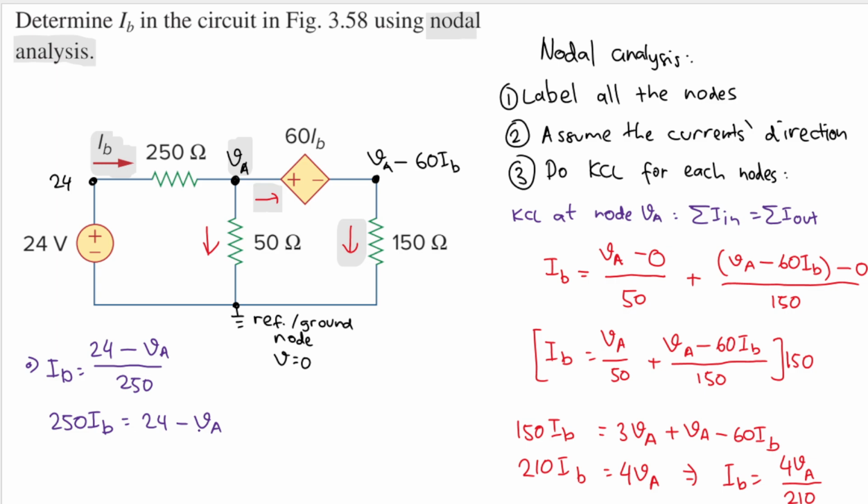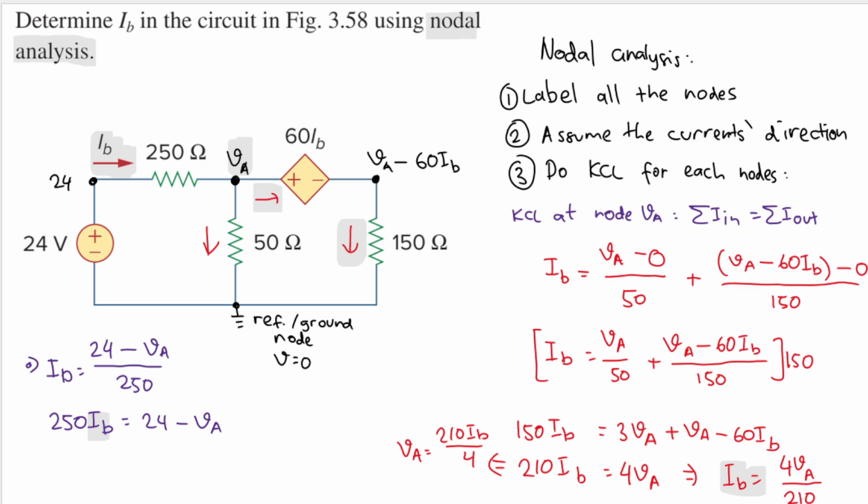Now what can we get from here? We could substitute this IB with this one, but we need to calculate VA first. Or we can calculate via IB, so let's do another substitution. Let's isolate VA instead. VA is equal to 210 IB divided by 4.